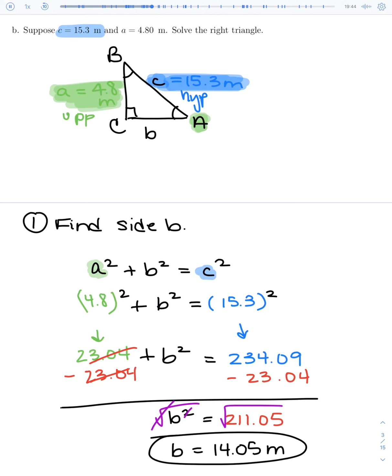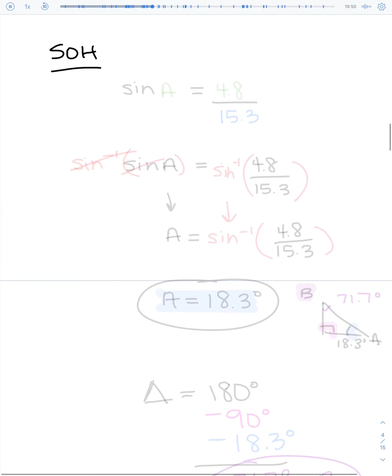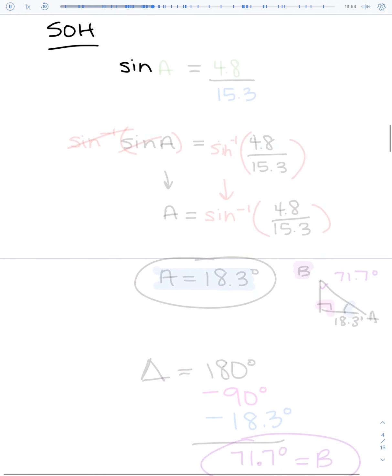So what trigonometric function has opposite and hypotenuse? That's the SO in SOHCAHTOA, and that's sine. So we're going to use the fact that sine of our angle, and I'm looking for angle A here, is equal to opposite, which is 4.8 on our triangle, over your hypotenuse, which was your 15.3.